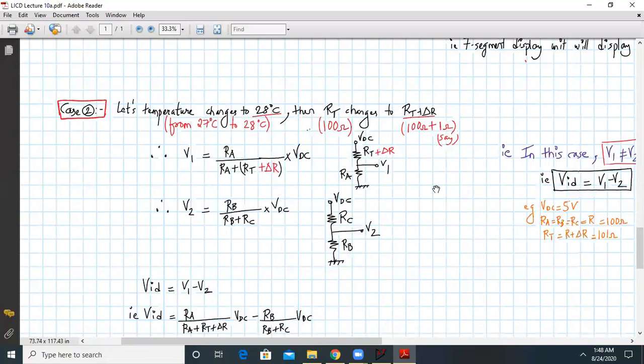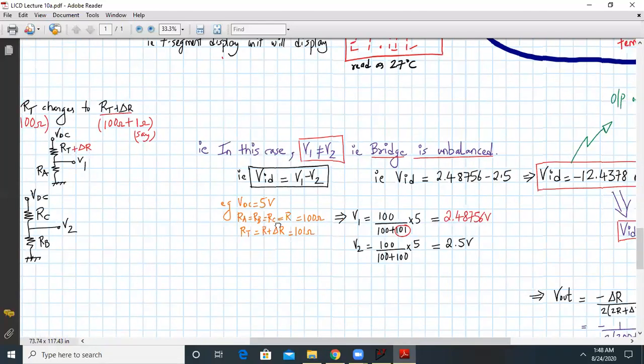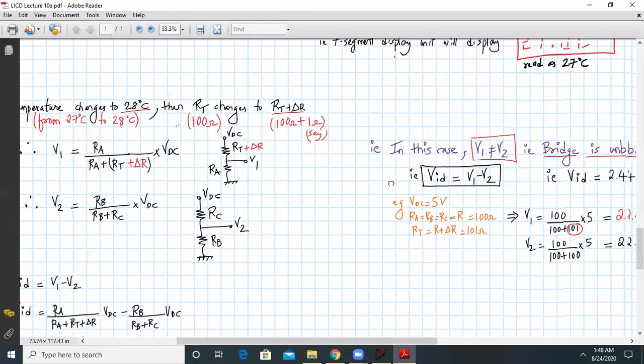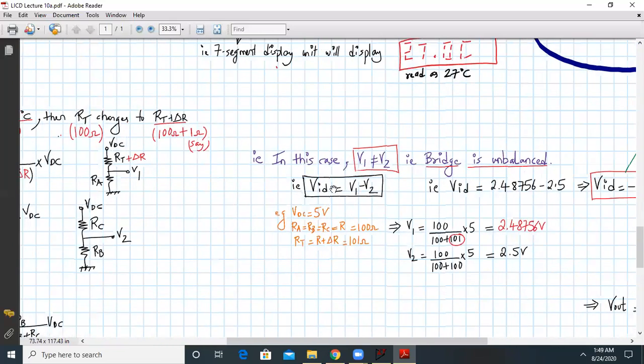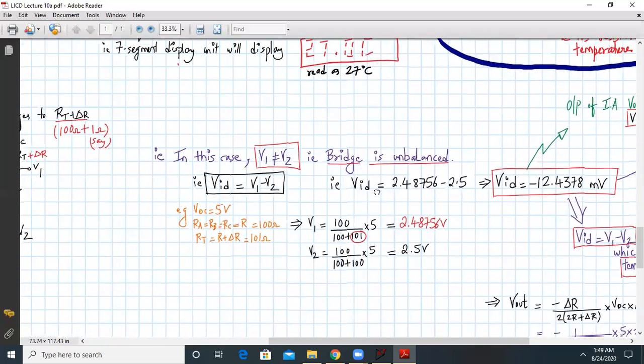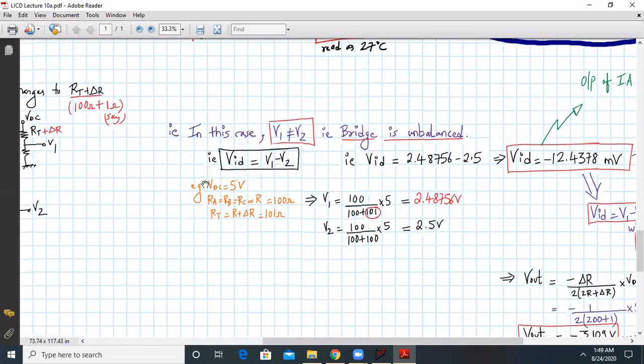In this case, V1 is not equal to V2. Obviously, the voltages will not be equal. So your VID will be V1 minus V2. Let's say we have some numbers: VDC is 5 volts, RA, RB and RC are 100, RT is 101 ohm.